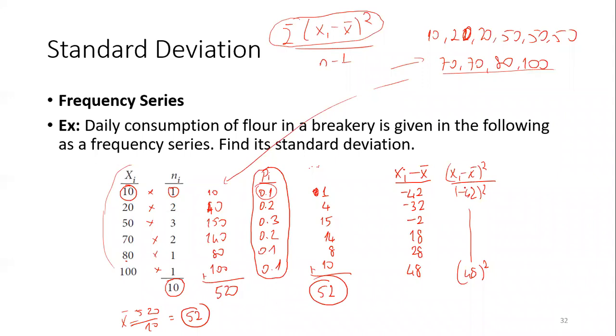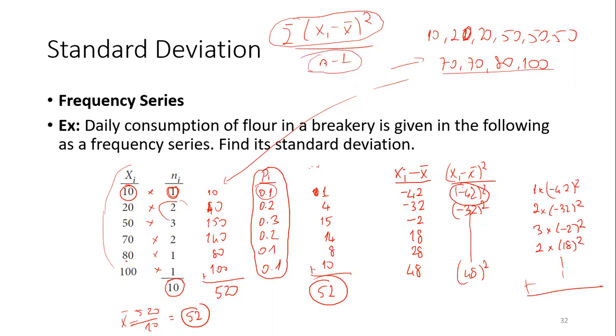So you have minus 42 squared once, and minus 32 squared twice. So you will have 1 times minus 42 squared, plus 2 times minus 32 squared, then 3 times minus 2 squared, and then 2 times 18 squared, and so on. You sum them up, and then divide not by n but by n minus 1, in order to find the variation.